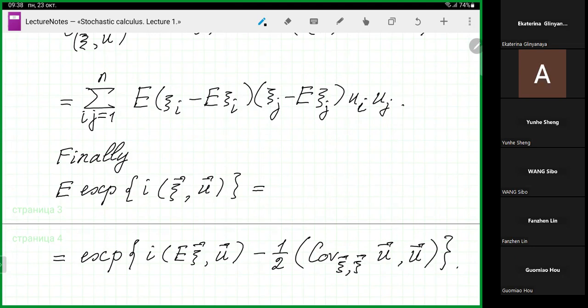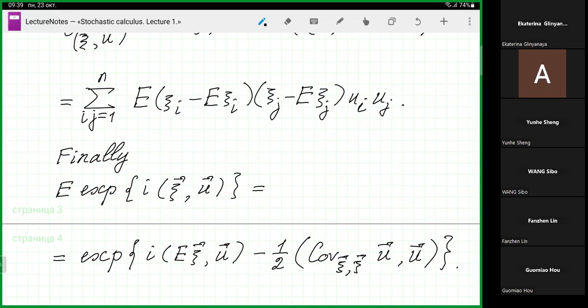Okay, so from this expression, you see that the distribution of a Gaussian random vector is also uniquely defined by the mean and the analog of variance, which is now the covariance matrix of the vector. And we know the form of this characteristic function.